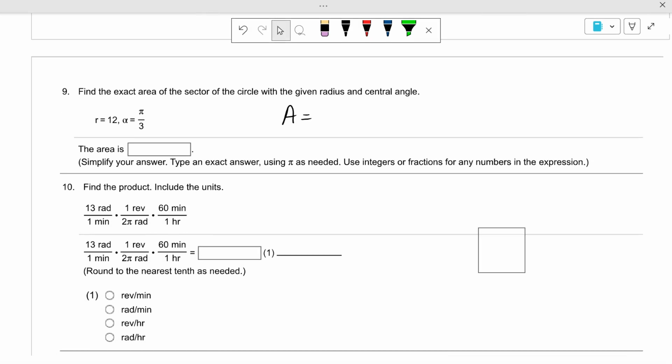So the area equals, should be the angle r squared, or r over, I forget off the top of my head.